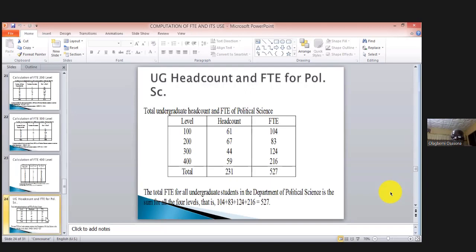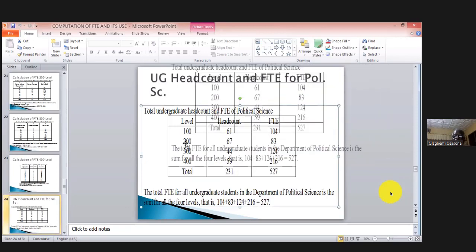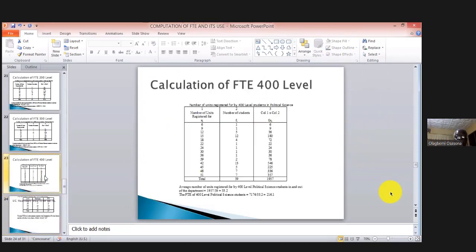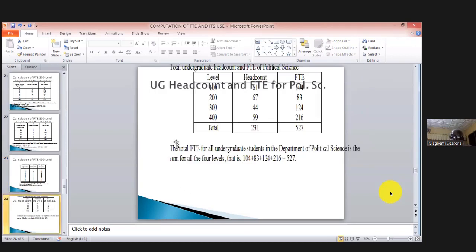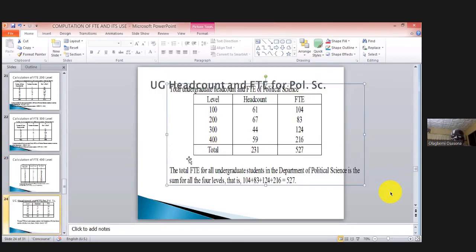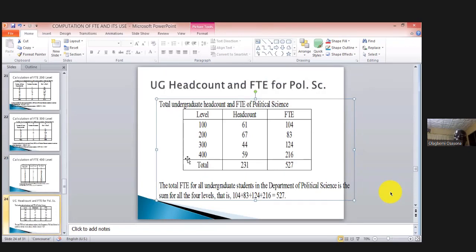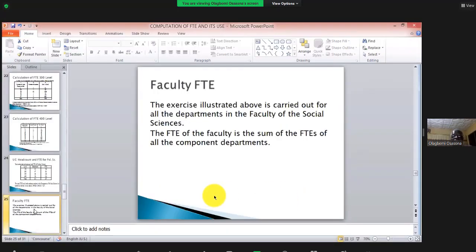You can now add for all the levels, and then you get the total for the Department of Political Science to be 527. It's just the addition of all the FTE for the various levels. And for the faculty, you add up for each department. You add the FTE for each department in the faculty to get the FTE for the faculty.